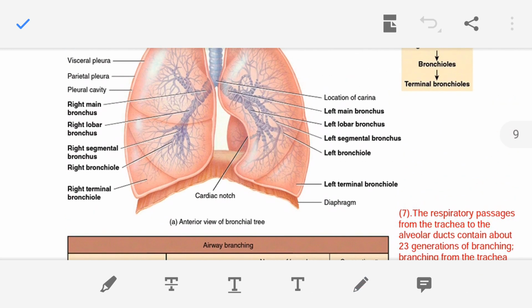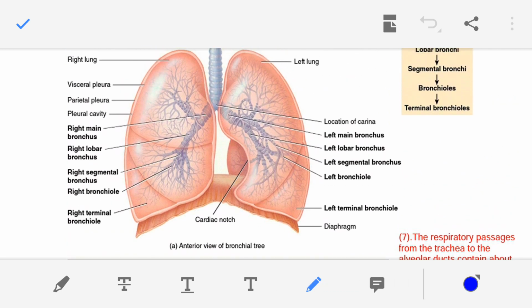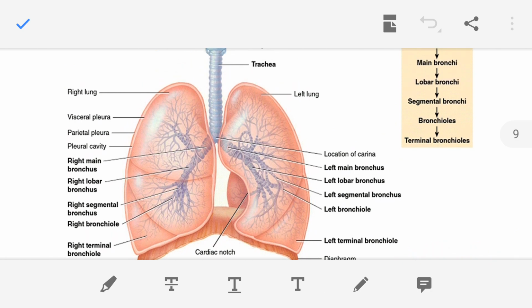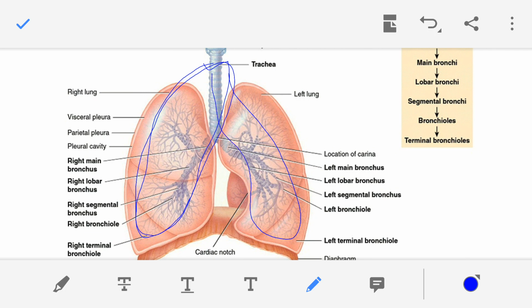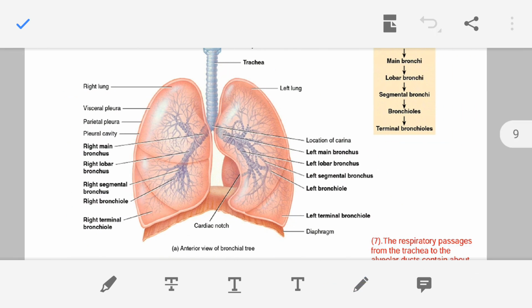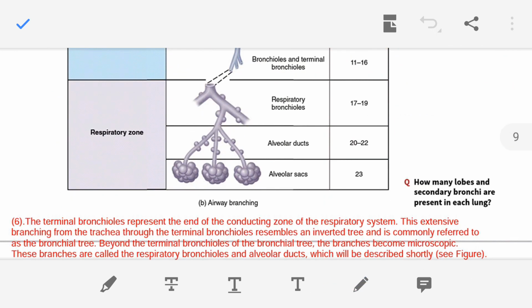So all this region up to here in the figure is the conducting zone.